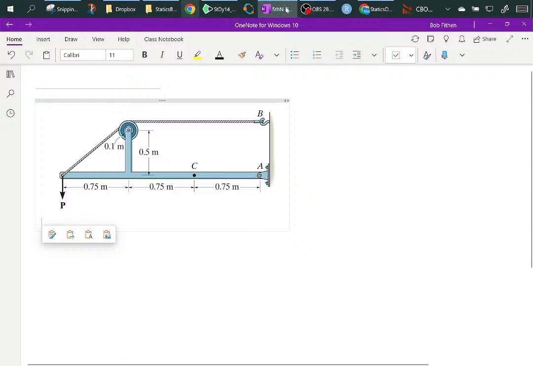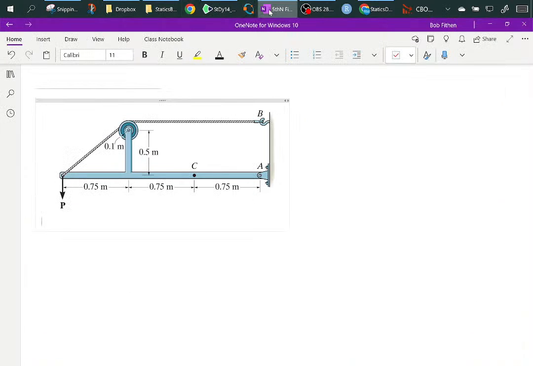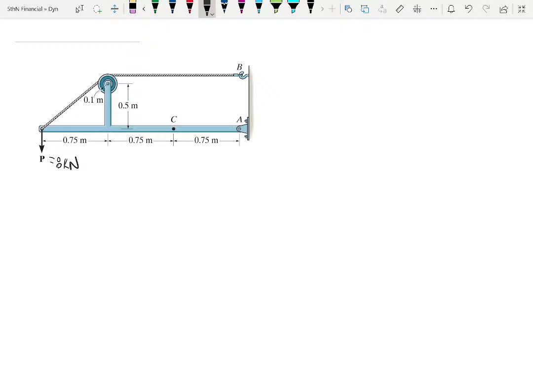Let's go back because I have to figure out what that P is, 8 kilonewtons. So whatever this object is, beam, whatever you want to call it, let me change colors here. Let me also make it oversized.